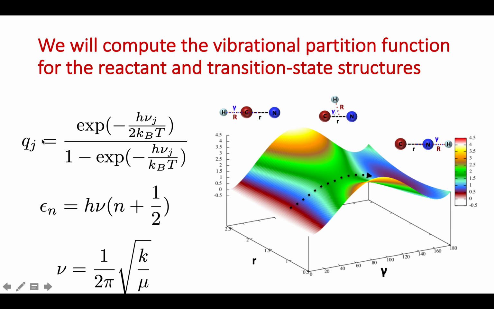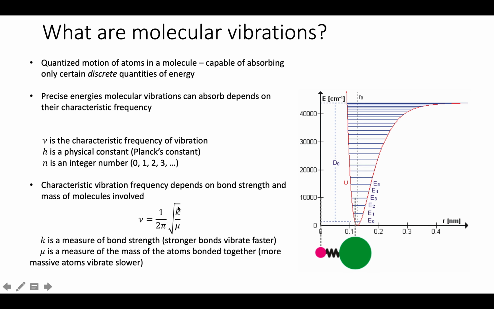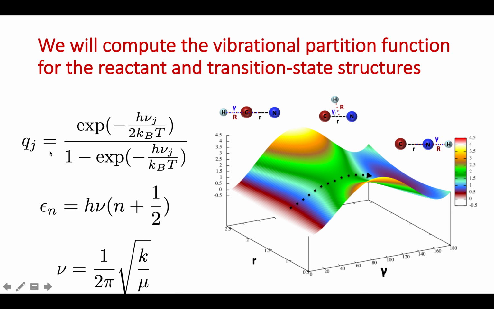For each degree of freedom, we don't need to know the energy of every possible vibrational level. We just need to know this one fundamental frequency, which depends on the stiffness of the interaction and the masses involved. Each individual contribution to the vibrational partition function has this following form.